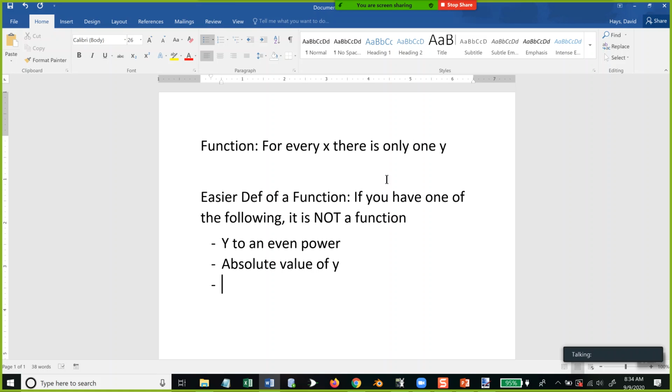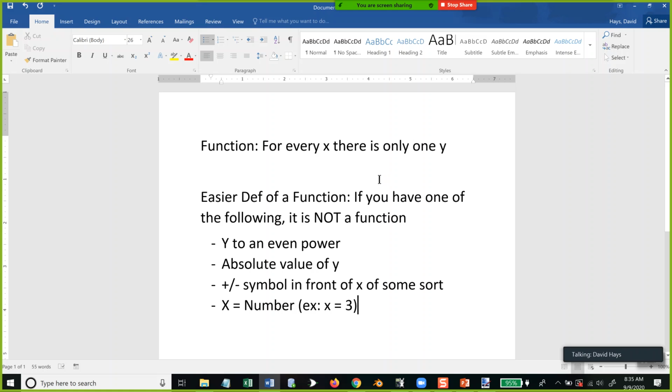If you got a plus or minus symbol in front of x of some sort, then it's not a function. If you have x is equal to a number, for example, like x is equal to 3, that's not a function. There's actually more than that in terms of what's not a function. Those are the most popular ones you run across in algebra.